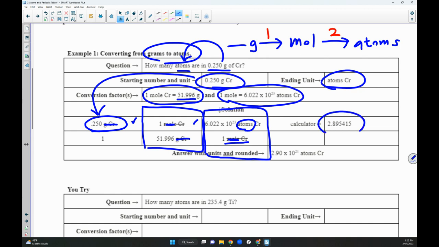I get this number in my calculator, but since my beginning number was 0.250 and it had 3 significant figures, I need to round my calculator answer to 3 significant figures. When I do that, I get 2.90 times 10 to the 21st atoms. So that is example number 1.